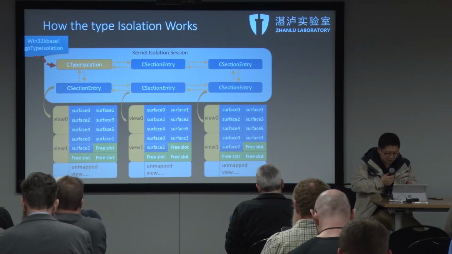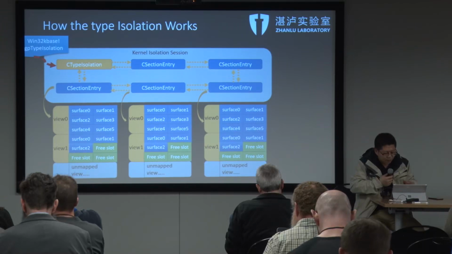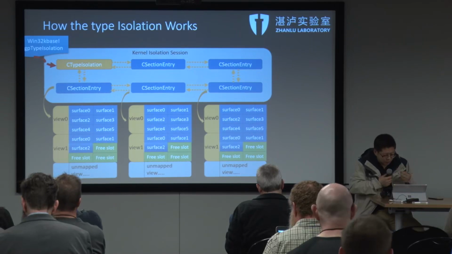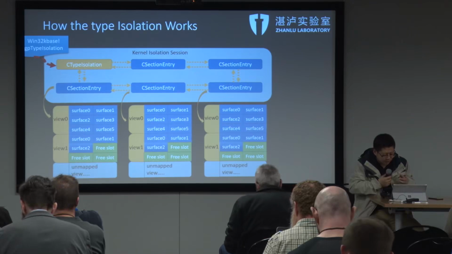How can we get these views? Here is the memory layout of the surface. First, you can find the Win32k type isolation. You will find the type isolation structure, and you will find the double link.